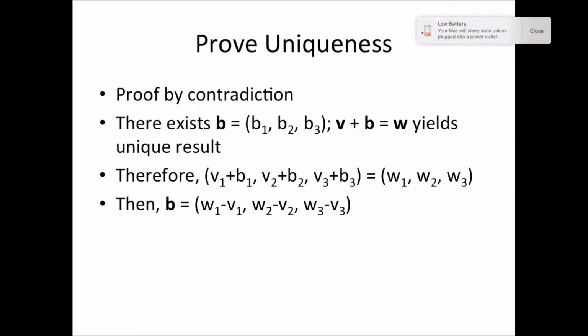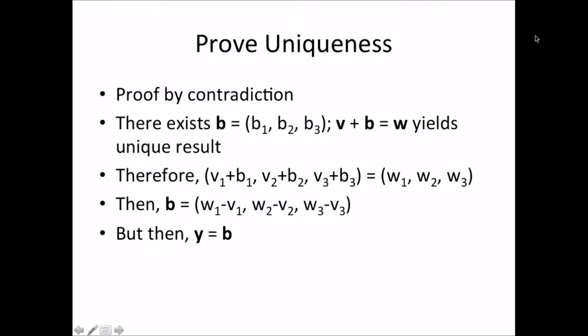We will then solve for each coordinate of B, finding that B equals W1 minus V1, W2 minus V2, and W3 minus V3. Then we will be left with the fact that Y is equal to B. However, we cannot allow this because we said that both B and Y are unique, so therefore Y is unique.